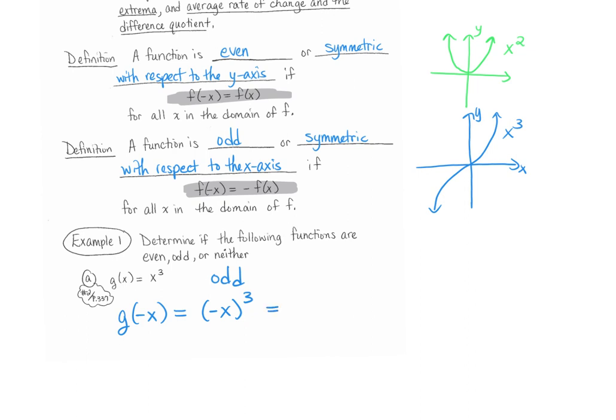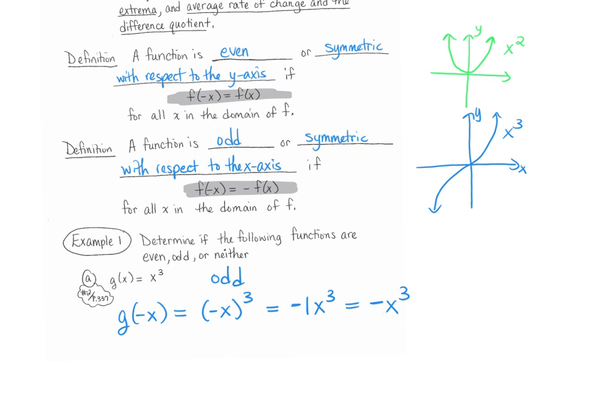And x cubed is x cubed. It's not a trick question. So you get negative 1 times x cubed, which is the same thing as negative x cubed. So notice we got the opposite of our original function, which means our function is odd.